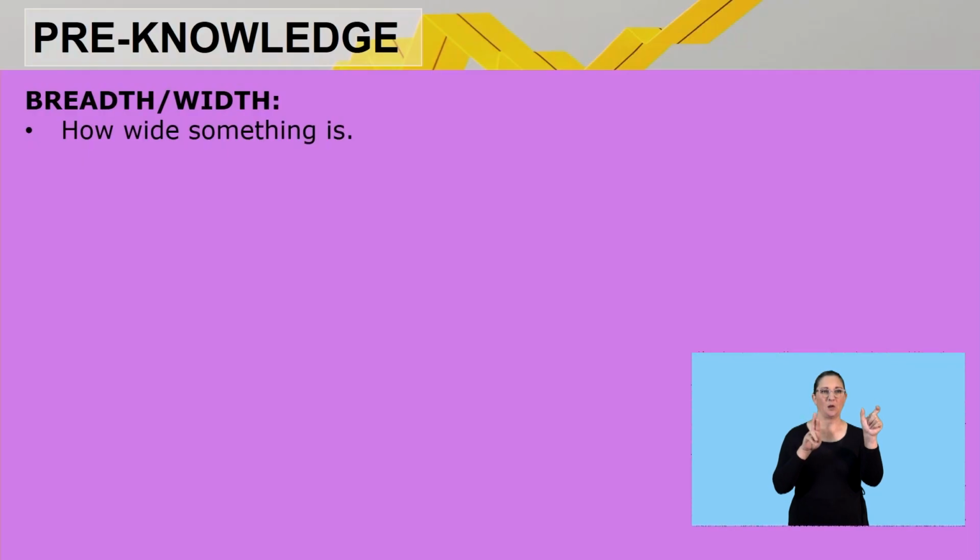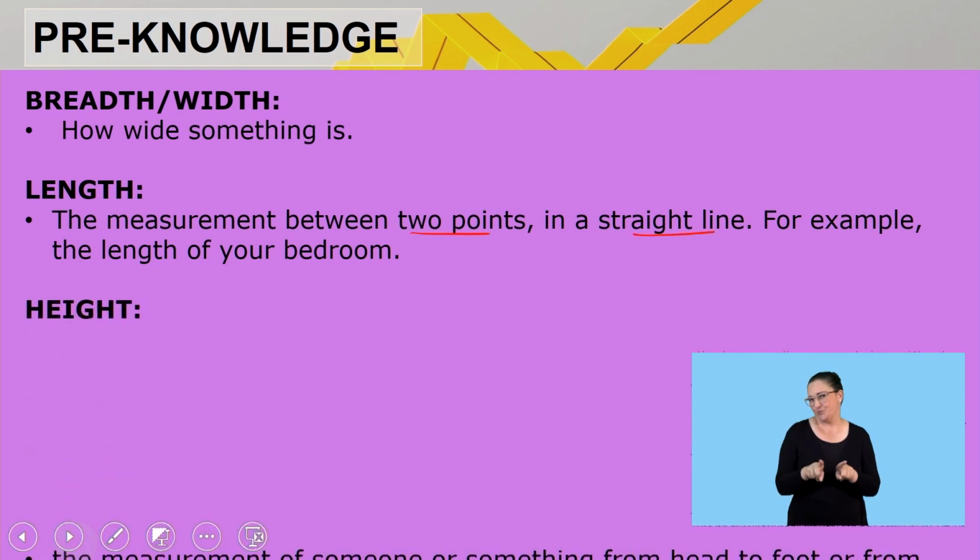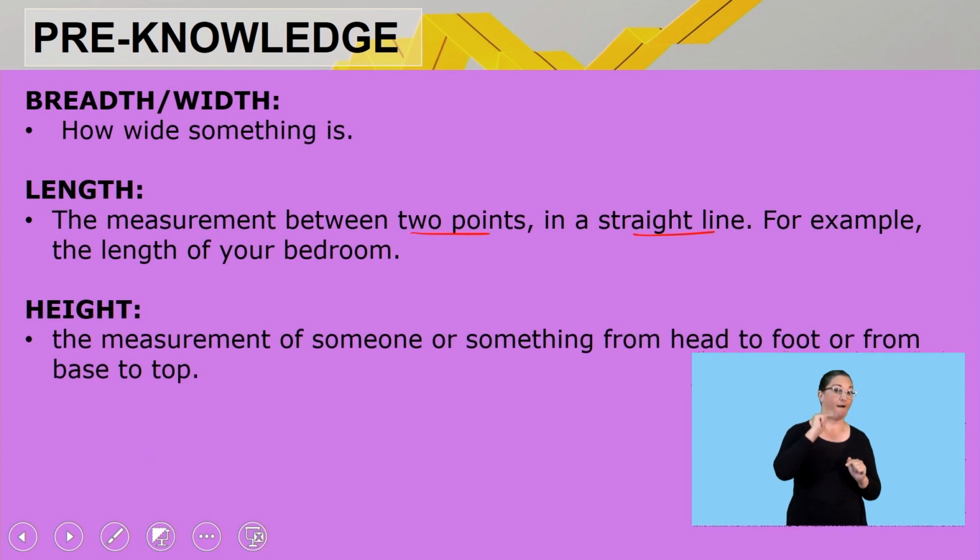First up, breadth or width is how wide something is. In terms of length, length is the measurement between 2 points in a straight line, for example, the length of your bedroom. Height is the measurement of someone or something from head to toe or foot, or from base to top.